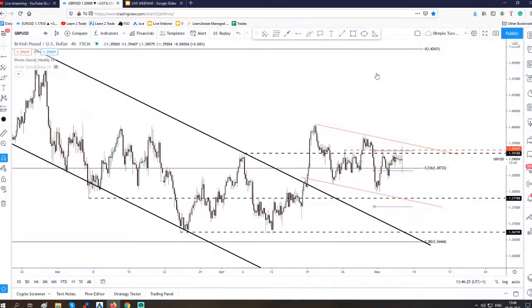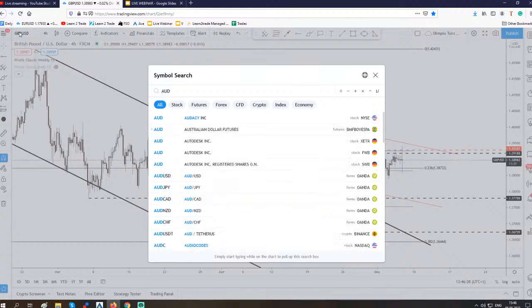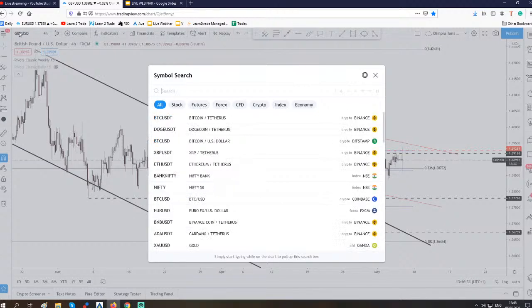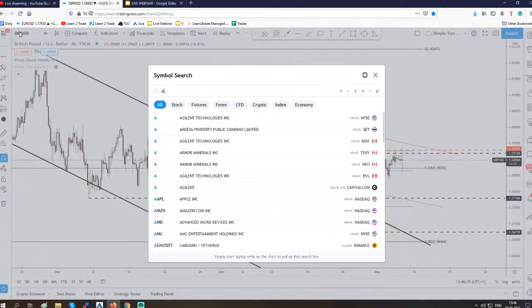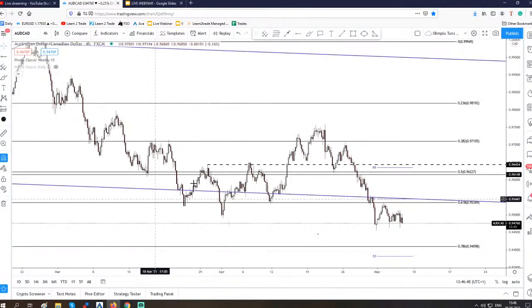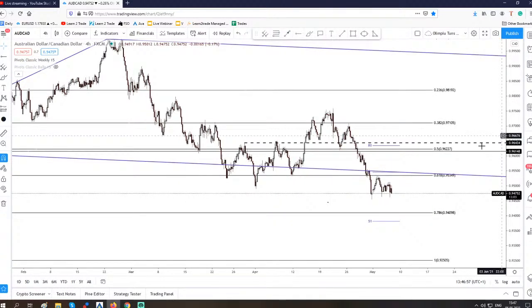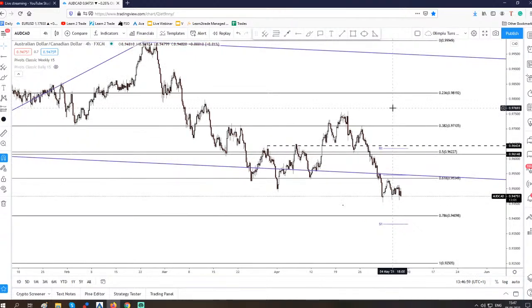Okay guys, so let's move on and take a look at the Australian dollar versus the Canadian dollar. The Canadian dollar remains strongly bullish, so it has increased aggressively also versus the US dollar and the other major currencies.